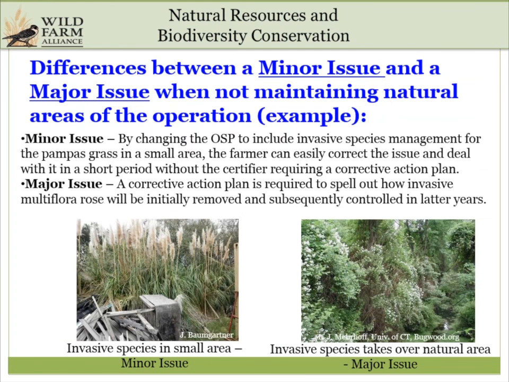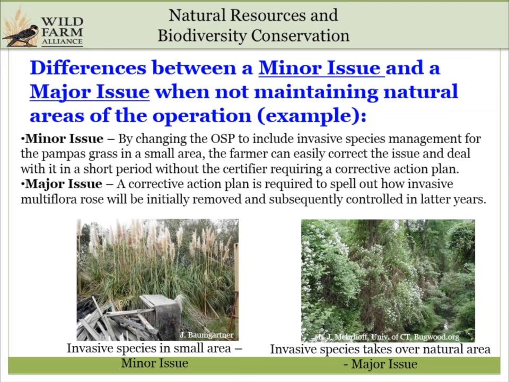Another example of the differences between a minor and major issue when not maintaining natural areas of the operation. In the image on the left, the invasive species, this is pampas grass, is in a small area on the farm, and the operator puts in their OSP how they're going to deal with that invasive species and continue to monitor for it, and it doesn't require a corrective action plan.